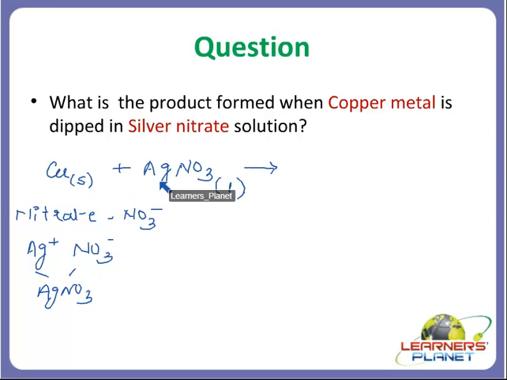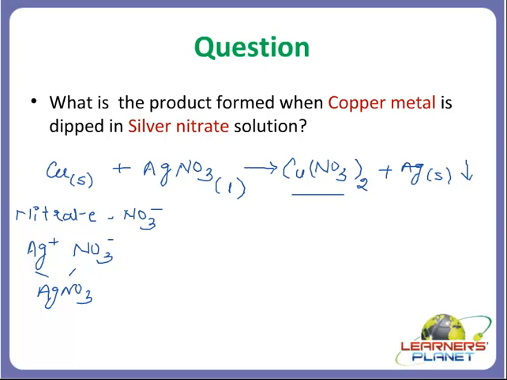Copper will replace silver from its solution. Fine. So, what I'll get is Cu(NO3)2 and silver solid deposited. Now, from where did I get this copper nitrate formula?